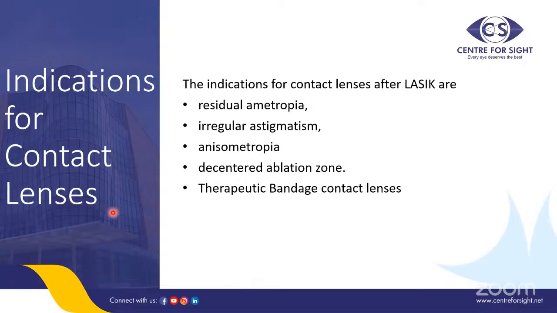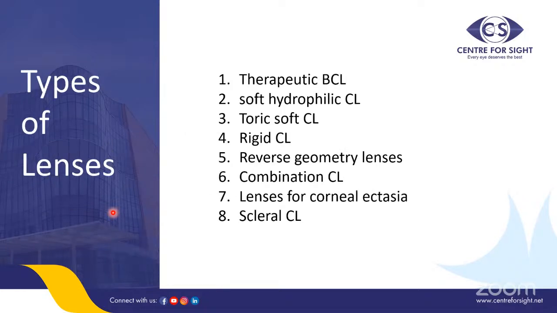So the indications are residual ametropia, irregular astigmatism, anisometropia, decentered ablation, and even therapeutic bandage contact lens use, which are routinely used in our practice, especially for patients undergoing photorefractive keratectomy. So what are the types of lenses available at present?